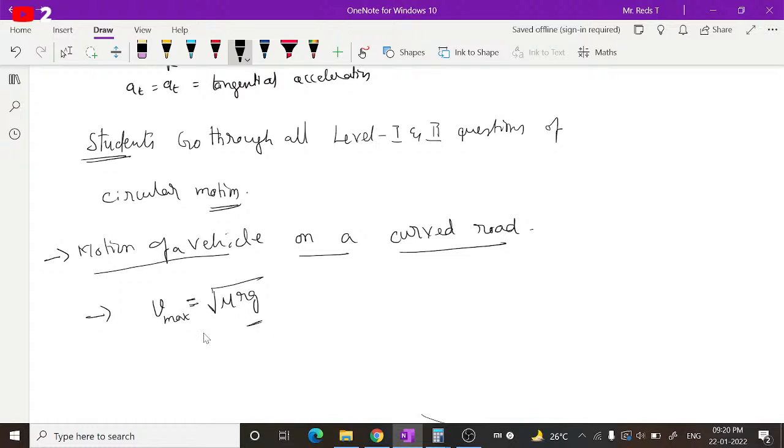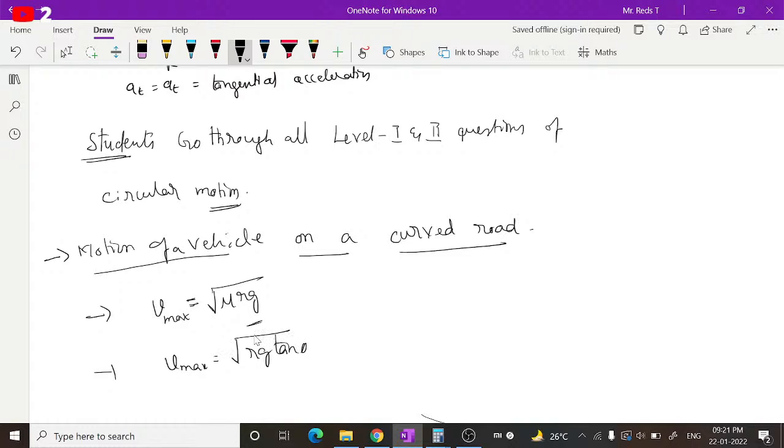With banking, it changes. If the road is banked but there is no friction, then V maximum is equal to square root of R g tan theta only.